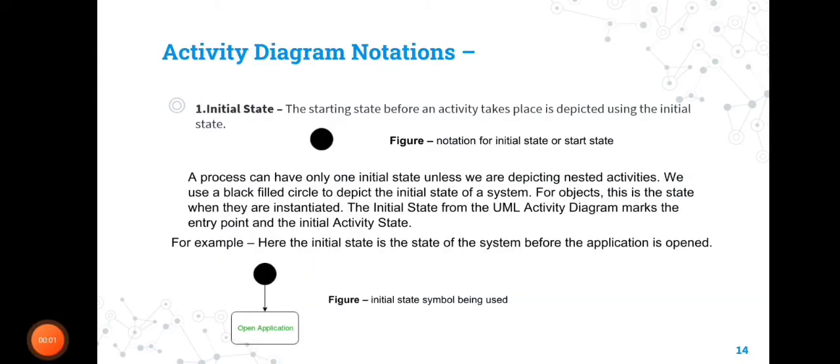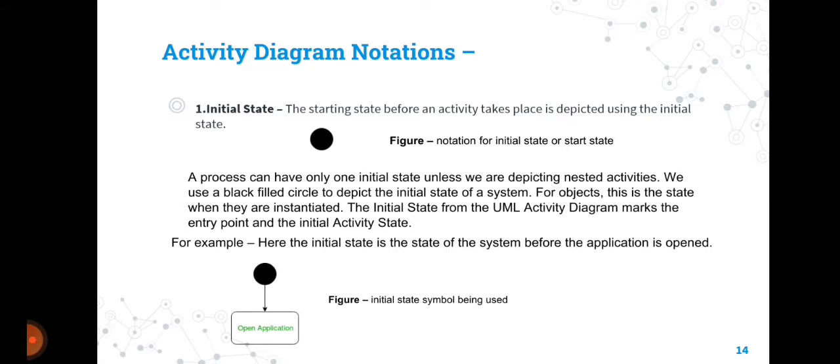Now we can see the notations used in an activity diagram. The first one is the initial state. The starting state before an activity takes place is depicted using the initial state. Here we can see the figure notation for an initial state or a start state. A process can have only one initial state unless we are depicting nested activities.